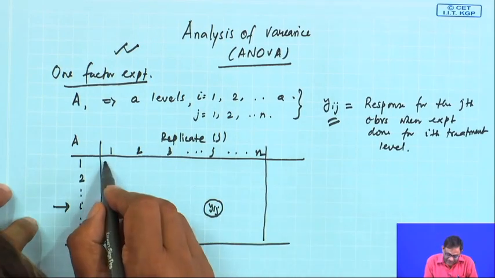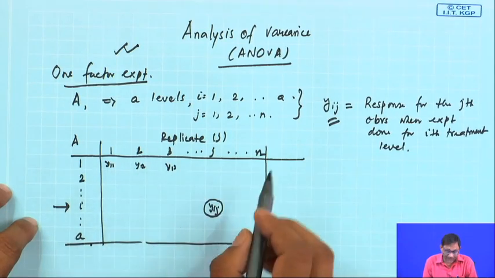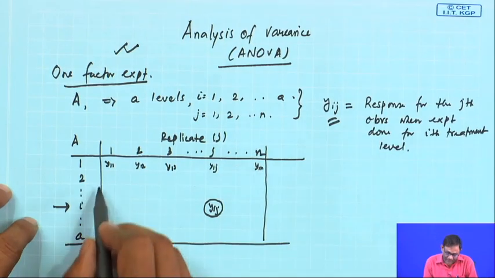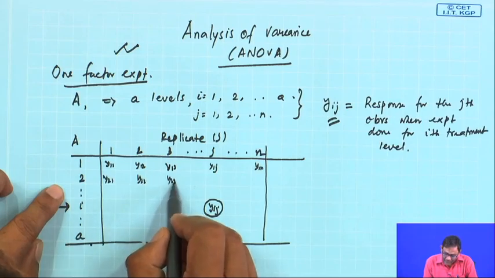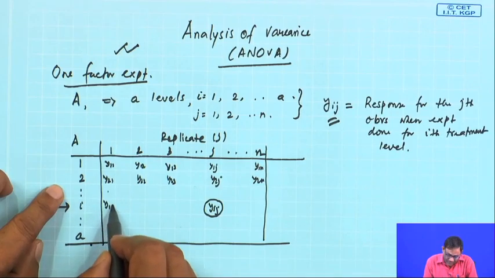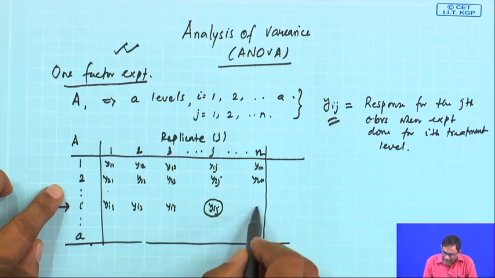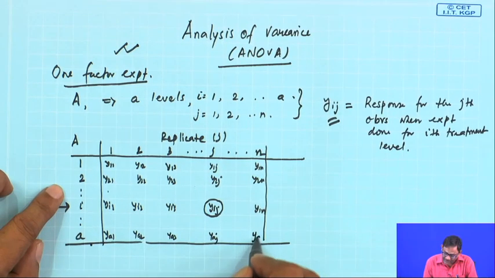Then your data set will be Y11, Y12, Y13, Y1j, Y1n; Y21, Y22, Y23, Y2j, Y2n; Yi1, Yi2, Yi3, Yij, Yin; and in the same manner Ya1, Ya2, Ya3, Yaj, Yan.